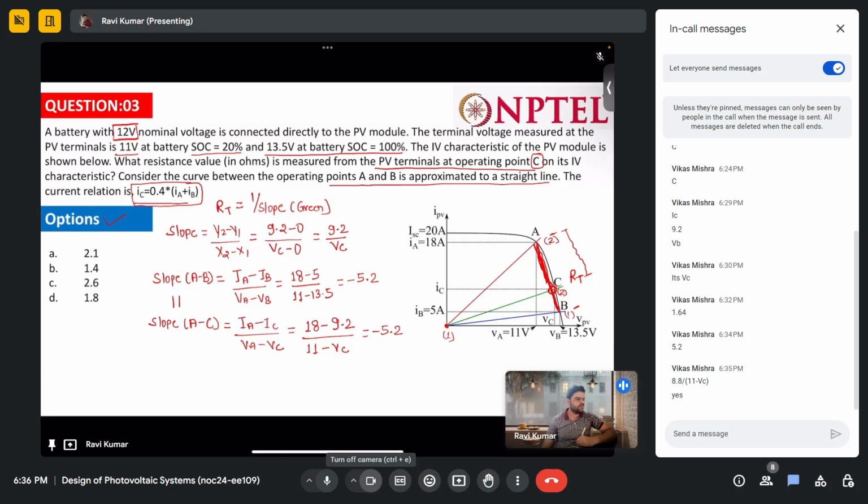And if it is minus 5.2, can you calculate VC from here? What is the value of VC that is coming?